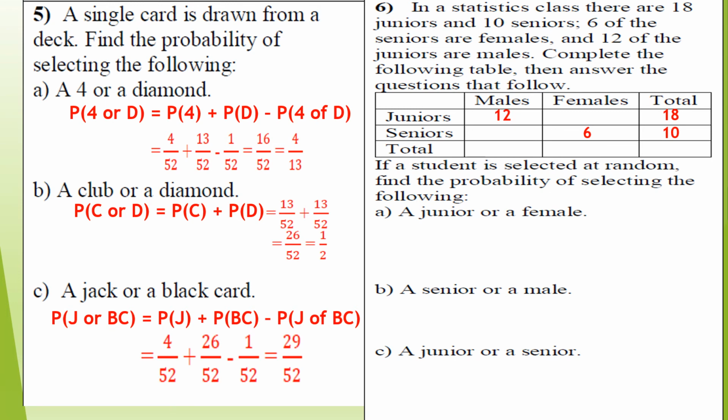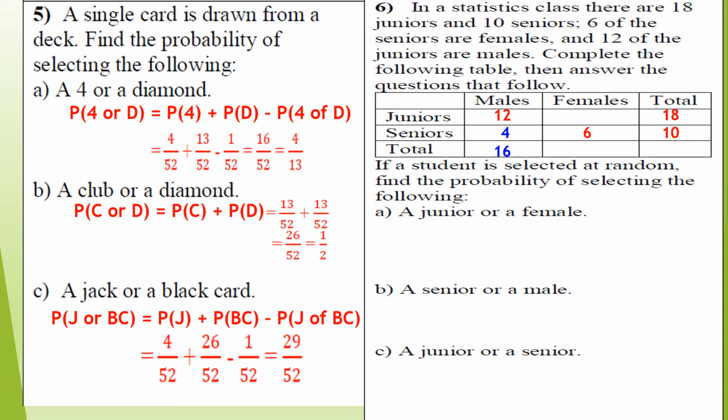So we can find how many male seniors there are. Since there are a total of 10 and 6 females, therefore there are only 4 males. And we can find the sum of the males for the juniors and seniors: 12 plus 4 equals 16.